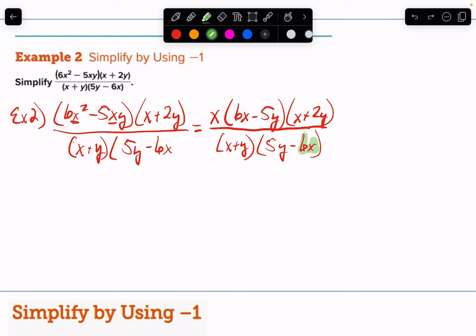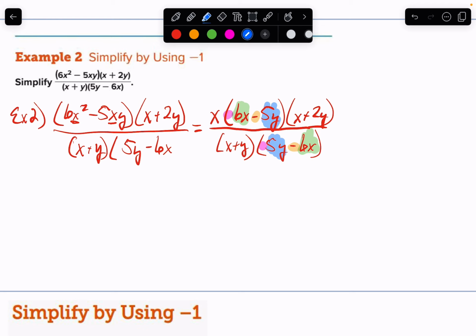We have a 6x, but it has a minus in front, and it doesn't have a minus in front. This one's got a plus in front. This one's got a minus in front. And our samesies is 5y. So it's really close, but the signs are wrong. On the top, it's a positive 6x. On the bottom, it's a negative 6x.